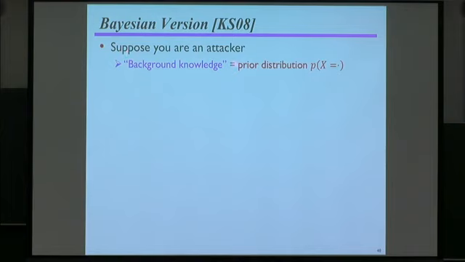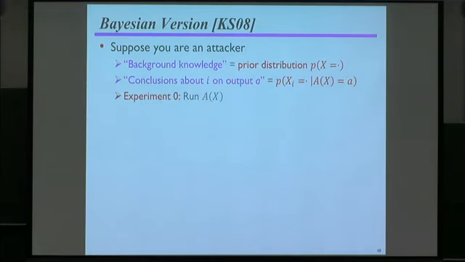What you know about me ahead of time, or what you know about the data ahead of time, we can encode via some kind of prior distribution on the data. The conclusions you draw about individual i, let's say that's me, on a given output, we can formalize via the posterior distribution on the ith entry of the data set, conditioned on the output being equal to a certain value.